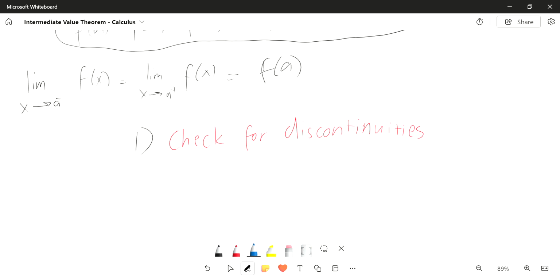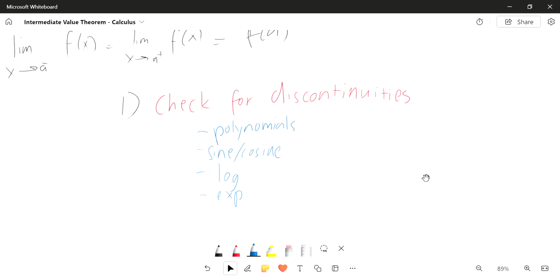There are some types of functions that you will not need to check because you know they will always be continuous, like polynomials, sine and cosine, log, exponential, and a few others.